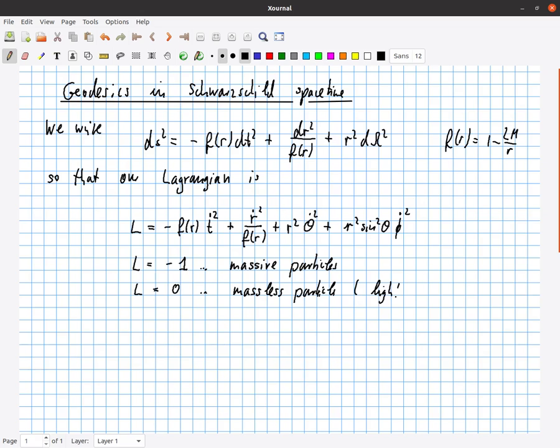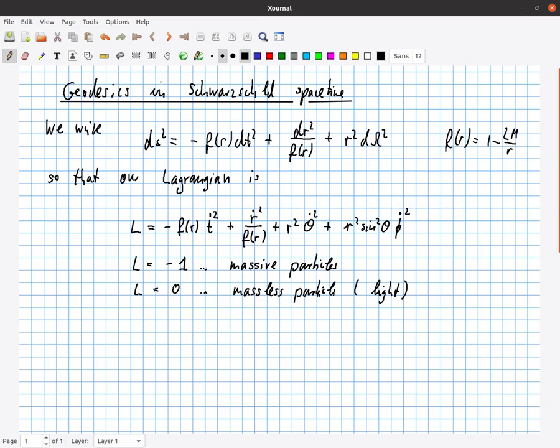What you should be thinking here is light. Those two distinct cases are interesting from the point of view of what we are going to do. If you are interested to study the motion of a planet around the sun, the planet is obviously a massive particle. Hence, it makes sense to work with the Lagrangian when L is minus 1.